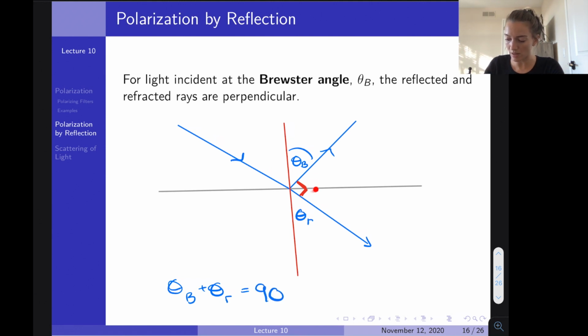Because if this angle is 90, that means these two together have to be 90, so that you get up to 180 for that vertical line. The Brewster angle is obviously the same here because of the law of reflection. So your Brewster angle and your angle of refraction add up to 90 degrees always, just because that's the way the Brewster angle is defined. So this will be true whenever you're dealing with the Brewster angle.